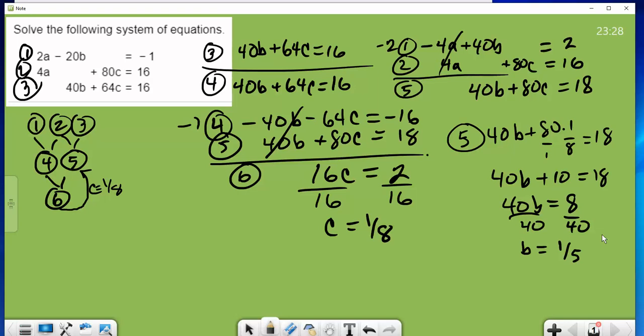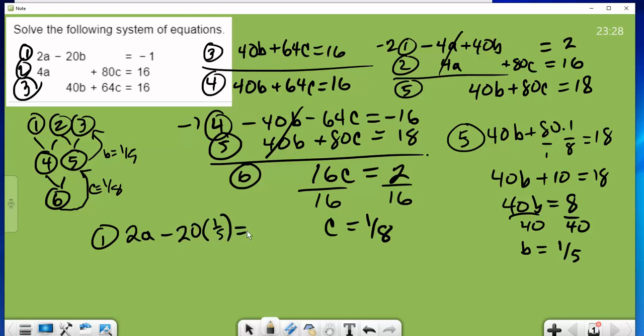So B is 1/5. Now I'm going to plug 1/8 and 1/5 into 1, 2, or 3 and solve for A. Actually I can't use 3 because A is missing. So I have to use 1 or 2. Let's use 1. So 1 is 2A minus 20B, but B is 1/5.